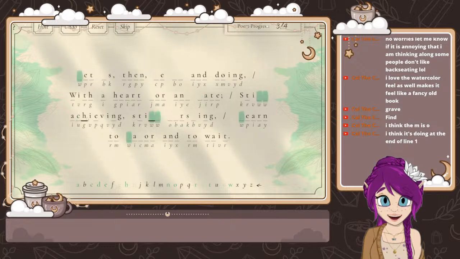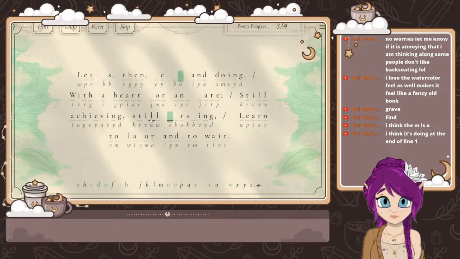Achieving, that's achieving. Still. Learn to labor and wait.